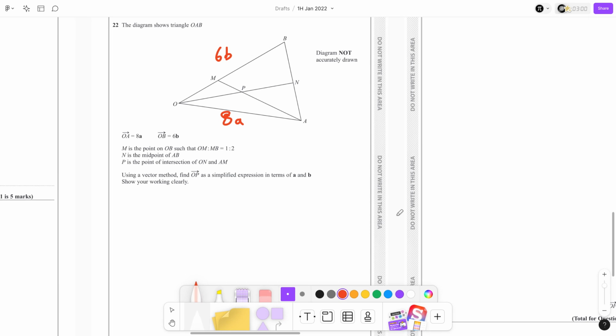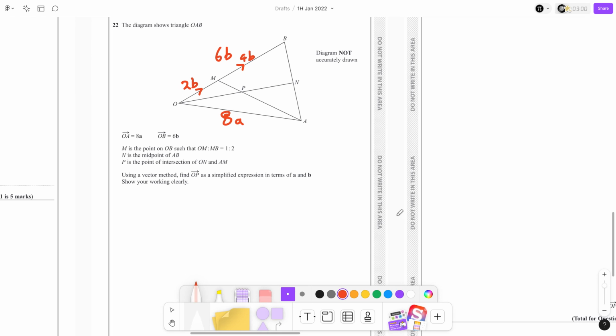Okay, and then we know that M is such that it's in the ratio 1 to 2, so it's in the third, so this is going to be 2B, this is going to be 4B, that bit there.